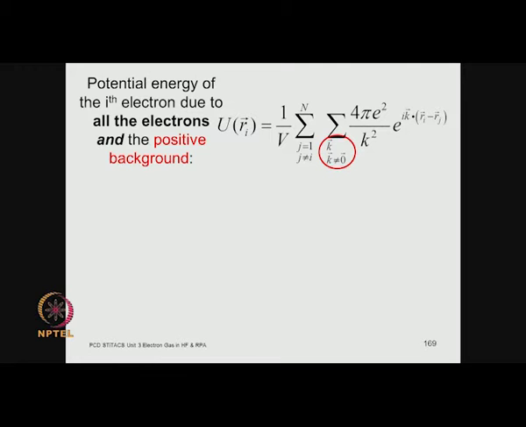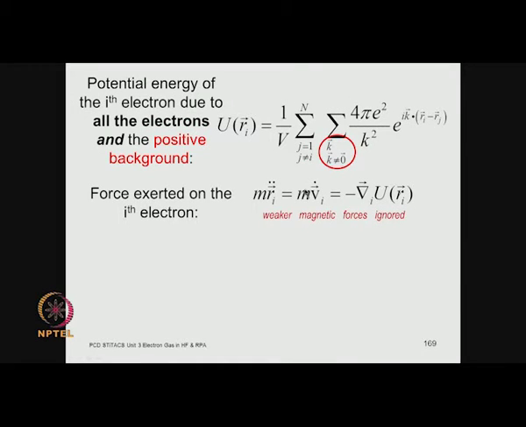Okay, now you have got the potential, and if you have the potential, you can find the force acting on it, because force is the negative gradient of the potential. So, let us write the force, which is mass times acceleration, which is mass times the time derivative of the velocity, and this will be the negative gradient of the potential. The potential U is given by this relation at the top. This is the net force which the electron experiences.